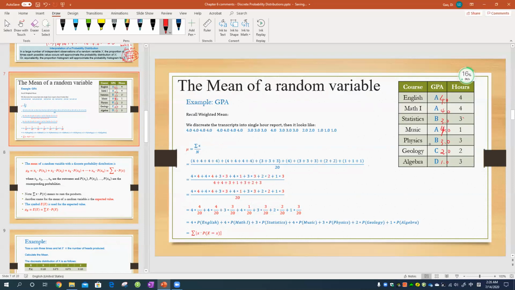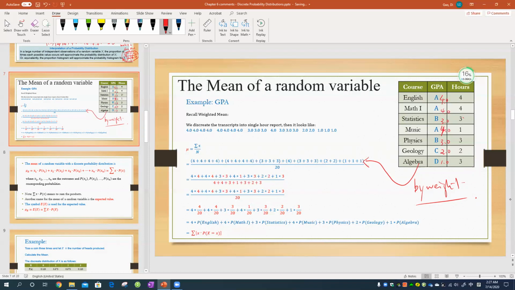So we can just write back this transcript by weight. And then we know we have a total of 20 hours, so that's the total number we have, that's n.